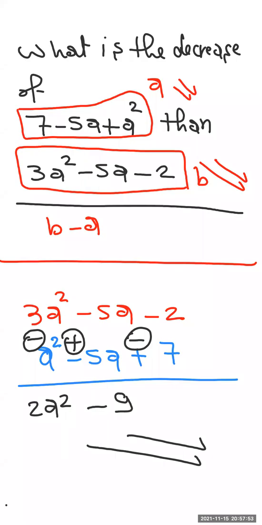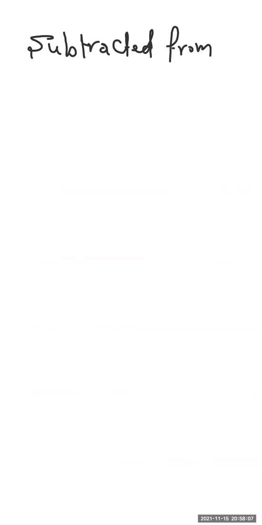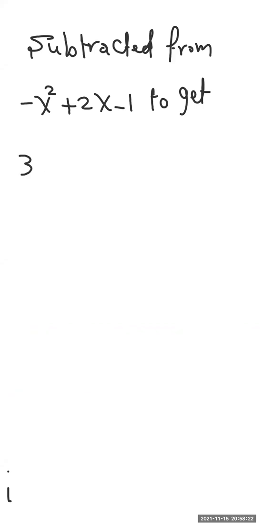Okay? Okay, the next question. What is the expression which should be subtracted from negative x squared plus 2x minus 1 to get 3x squared minus 5?